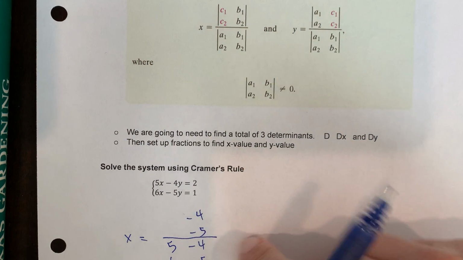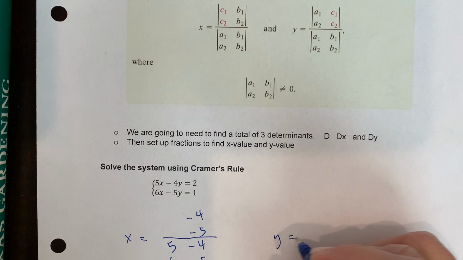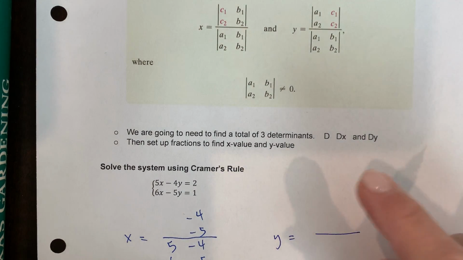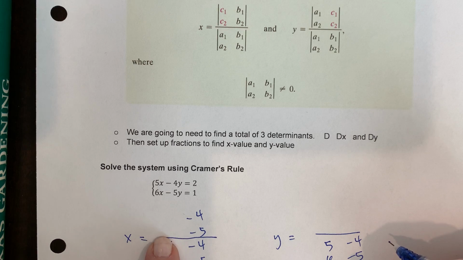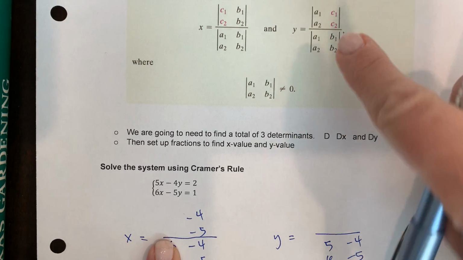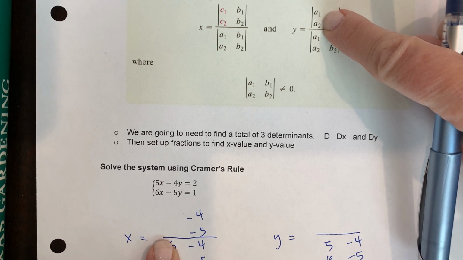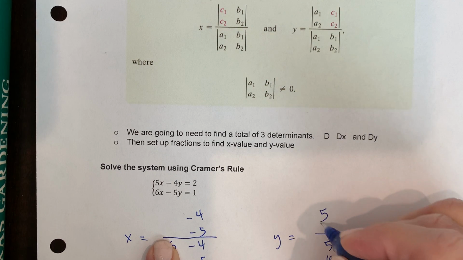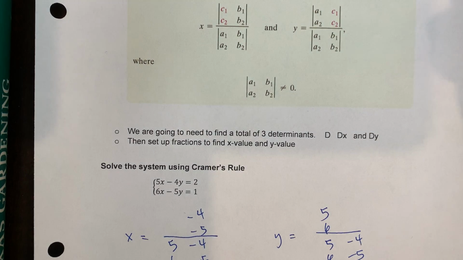So you notice that those are perfect replicas of each other. Then for the y, I'm going to use 5, 6, negative 4, negative 5 all over again, okay? And this time, if you notice, it has this A1, A2, so that's going to be this 5, 6. So now these two are replicas of each other.